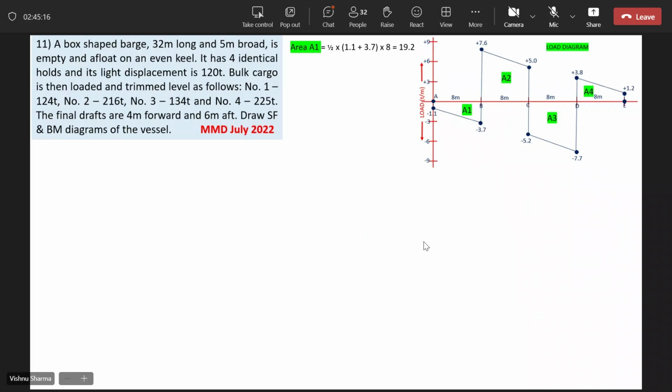I'm not trying to do any adjustment here, though I can do adjustment here also. That is another way of handling it, but no need. Just keep it simple. By area of trapezium A1, area 2, area 3, and area 4. These are the areas you'll get when you calculate them. I don't think that should be a concern again, guys. Correct, beta?